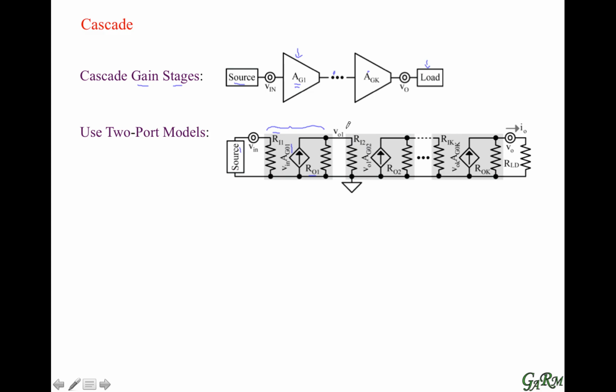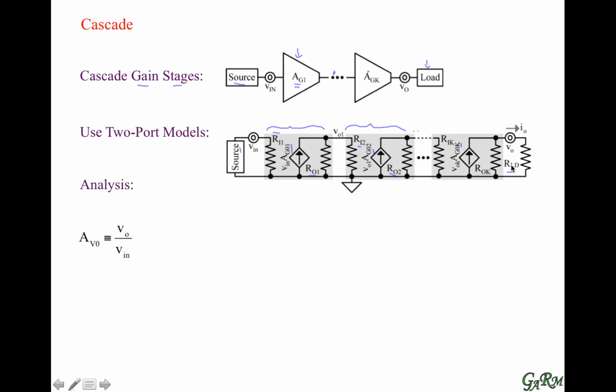And that drives another stage, and that other stage also has an input resistance, transconductance gain, and output resistance. This way we can have many amplifiers cascaded in series until we have the last amplifier here, which will then drive the final load.